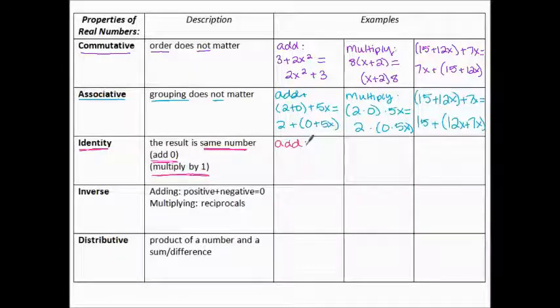So when I do addition, if I have 5x squared and I add 0 to it, I'm going to end up with 5x squared. I'm going to end with what I started with. Same idea for multiplication, except I'm going to take that 5x squared and multiply by 1, and I end with my original 5x squared.